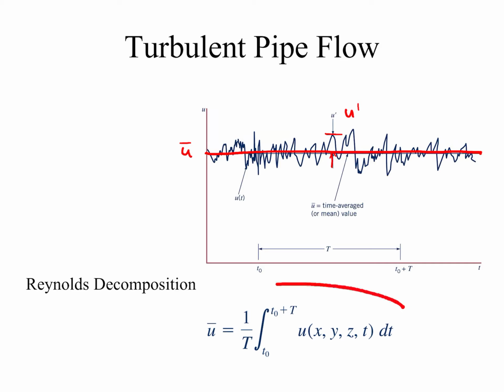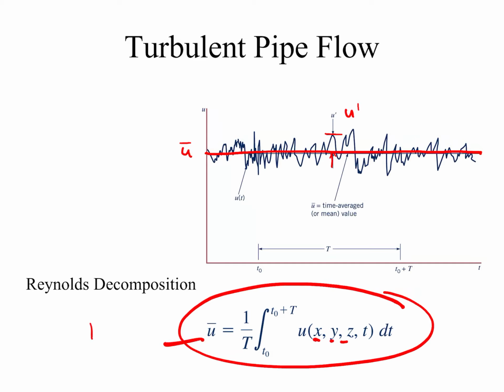That's what this equation down here is showing us: if we take the velocity at any point in space, so any x, y, and z point, and average it, u bar is our time average. It's equal to 1 over T, the averaging time period, times the integral from the start time to the end time of the velocity in that time trace.